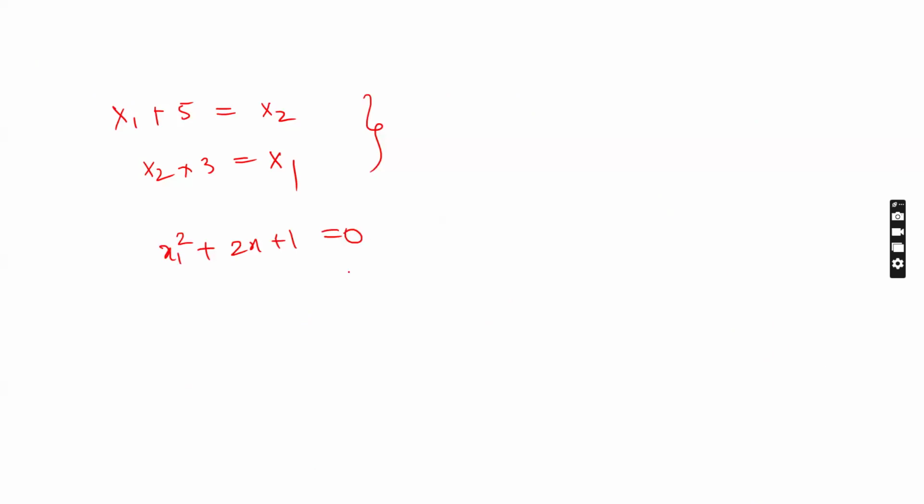So generally, when you have simple equations like x1 plus 5 is equal to x2 and x2 plus 3 is equal to x1, you can solve linearly by hand. Even if you have some polynomial like x square plus 2x plus 1 equal to 0, you can solve using a calculator or by hand.